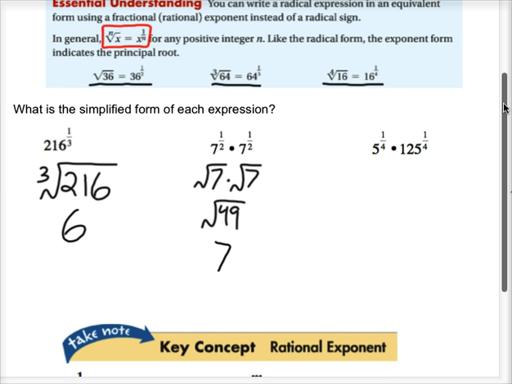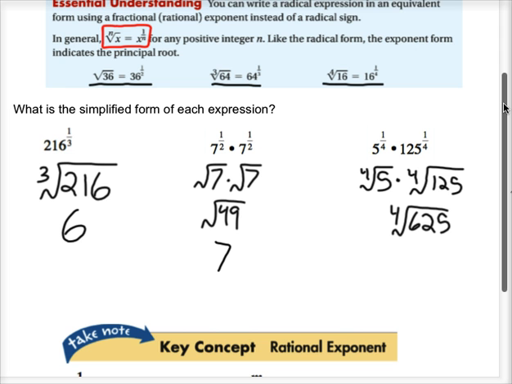All right, for this next one, the 4th root, or the 1/4 power, we've said is the same thing as a 4th root. So I'm going to consider these as roots. Well, 5 times 125, we know that these combine to 625.